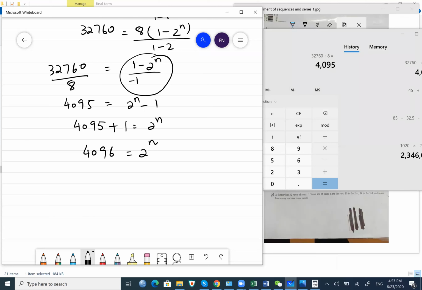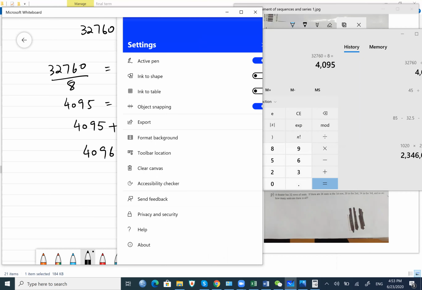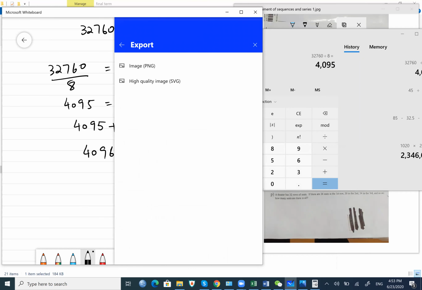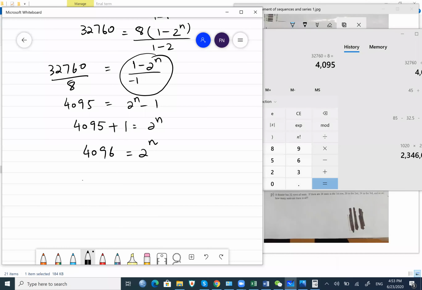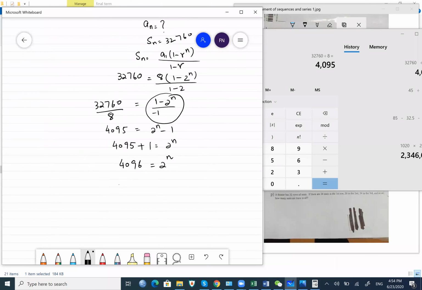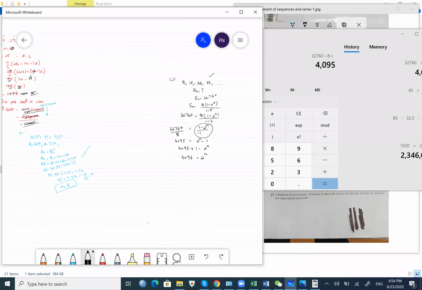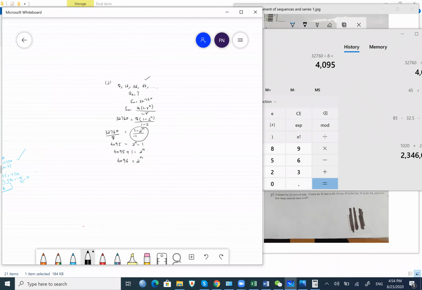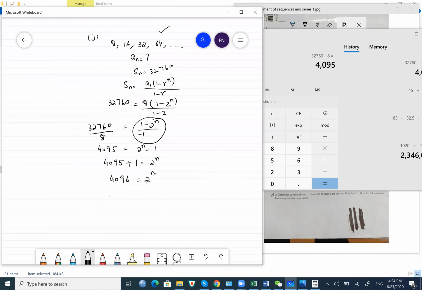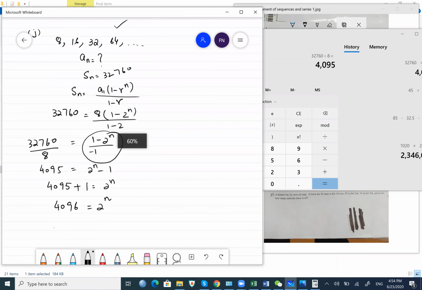You don't need to write anything in class. Normally when I write on the whiteboard, students try to copy rather than listening to me. For example, I can go into export and make an image of this, and immediately you get everything I write without copying. That's amazing.